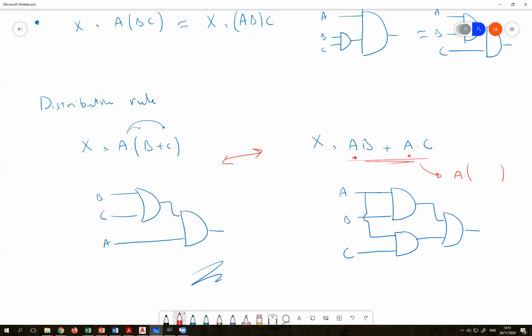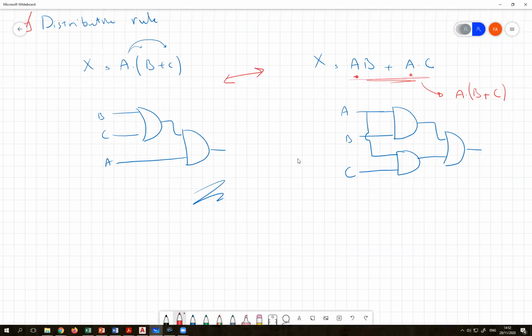From the first term, B remains. From the second term, C remains. And because the OR gate is between them, we use this. So A and B or A and C can be written as A and B or C. Don't forget that whenever we have common inputs, we can use the distributive rule. This is a very important rule that you need to know.